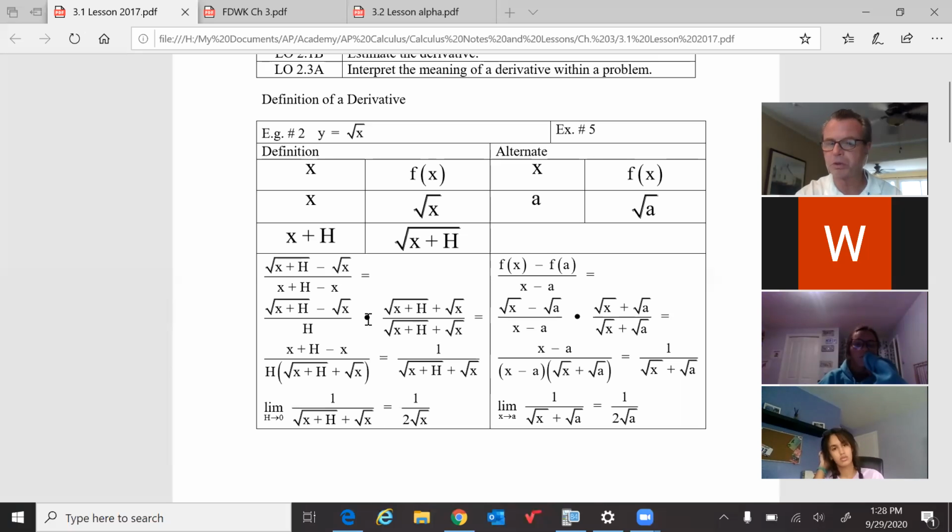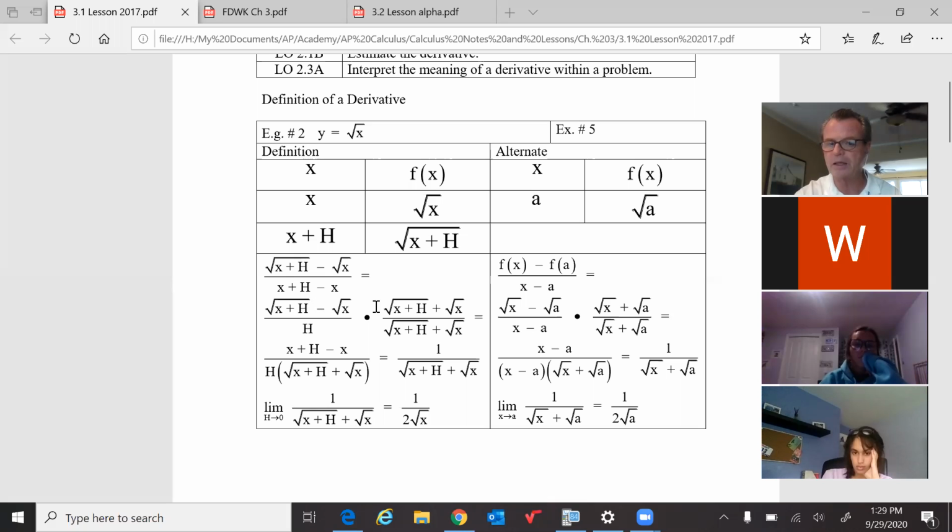Well, they multiply by the conjugate of the numerator. You've never seen that before. You've multiplied by the conjugate of the denominator when you were trying to get root signs out of the denominator. But it's in the form of, ready?